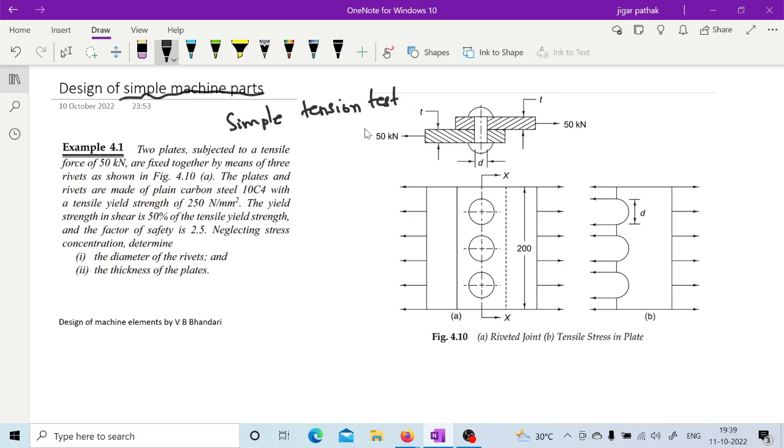That tension test is going to give you data about its yield strength, its fracture strength, ultimate strength, its percentage elongation, its Young's modulus, and all other things will be achievable through that tension test. So before going for design, you must have an idea about the various stresses acting on it.